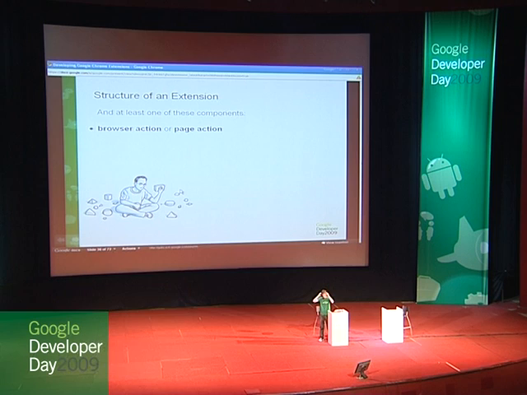So first of all, an extension can have one or more of these components. And these components are what actually make the extension do stuff. Without them, an extension isn't really anything at all. So the first is a browser action or page action. These are the 2 UI surfaces that we're going to be shipping the extension system with initially. And we've seen examples of both of these in the demos that I showed.